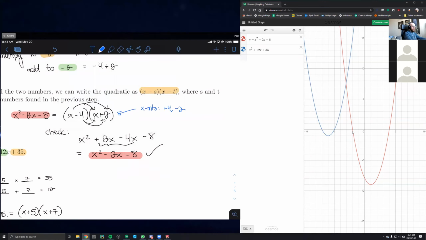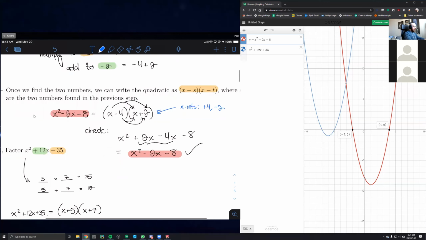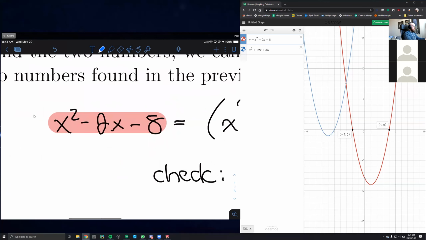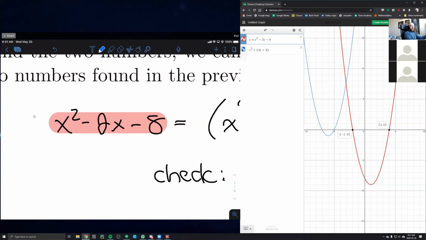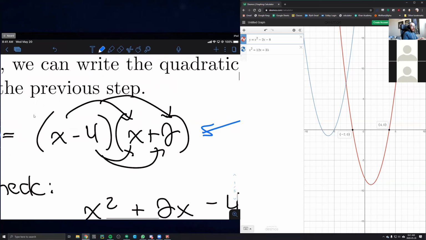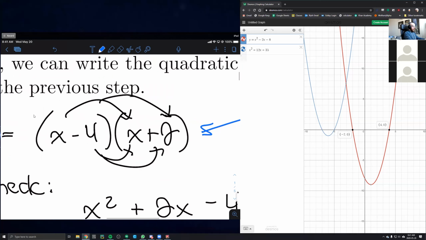And we can see that with the red curve here, right? Negative 2 is one of our x-intercepts, and positive 4 is the other one, right? So factoring allows us to actually figure out where the x-intercepts of the parabola are, right? If we just have the equation in standard form, just by looking at that equation, we have no idea where the x-intercepts are. So this is our x-intercept finding method, okay?